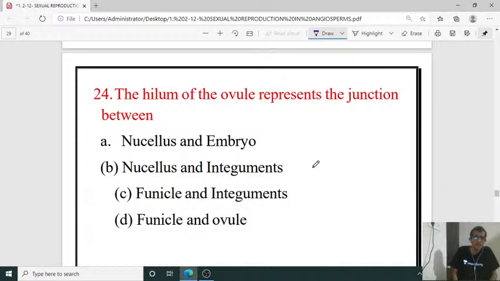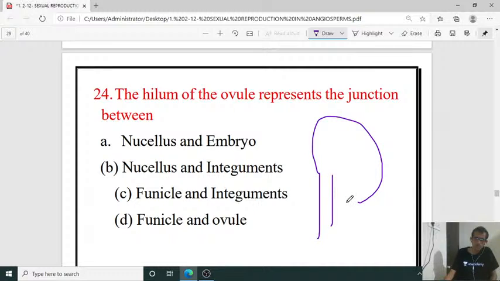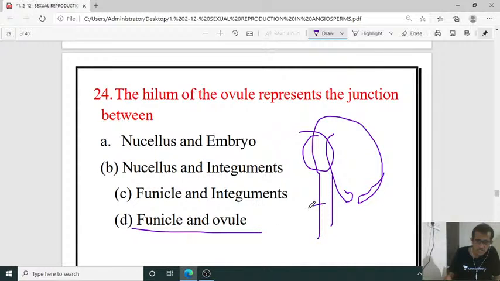Yes. Next question: the hilum of the ovule represents the junction between what? If you take an anatropous ovule, it has the stalk and other portions. Hilum is here, this is the portion of the hilum. The funicle is the stalk and this is the ovule.